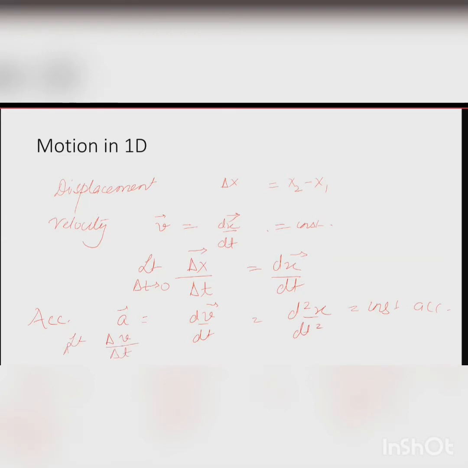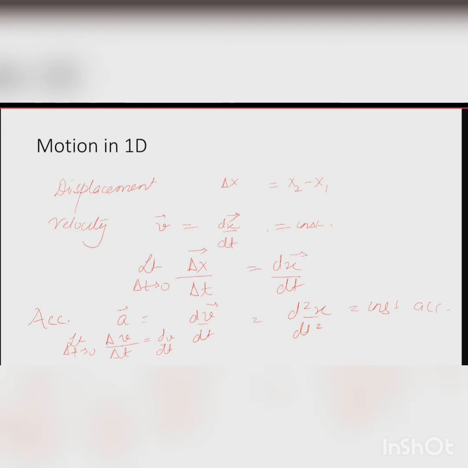And in the limit delta t tending to 0, this reduces to my instantaneous acceleration. So this was the notation which we were using when we were discussing one dimensional motion mathematically.